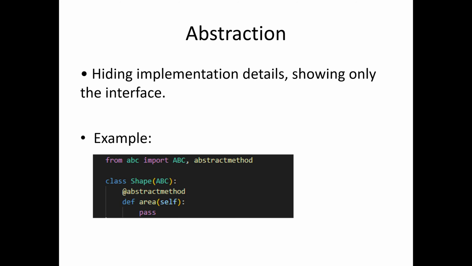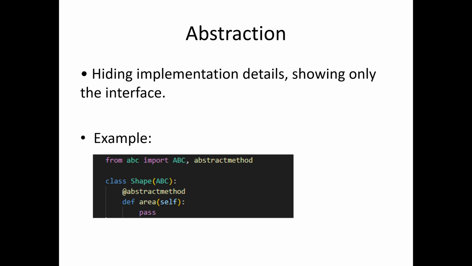Finally, we have abstraction. Abstraction basically means hiding implementation details and showing only the interface. So it lets you focus on what the object does and not how it does it. In Python, you can use abstract base classes to define a common interface and let the concrete classes implement the details.